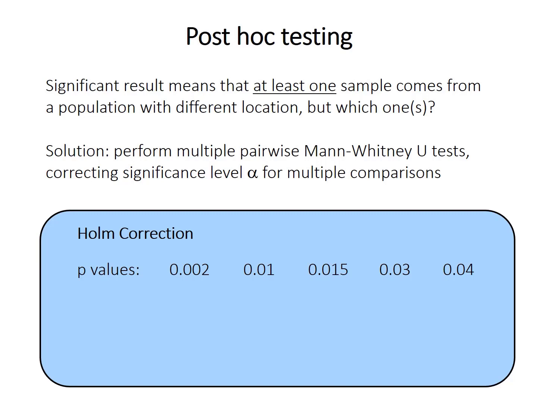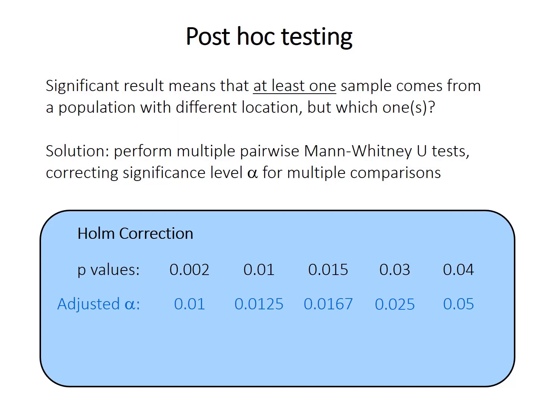Instead of comparing them all to 0.05, the traditional significance level alpha, we have an adjusted alpha. So the first one, which we compare to the smallest p-value, is just 0.05 divided by 5, and then we have 0.05 divided by 4, 0.05 divided by 3, 0.05 divided by 2, and finally 0.05 divided by 1, which is 0.05.